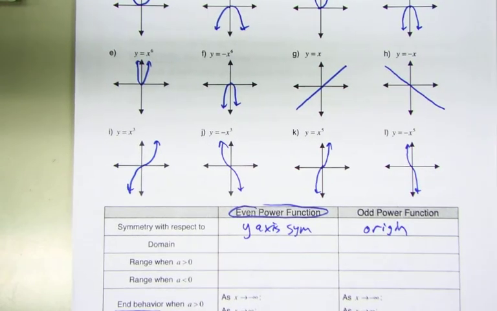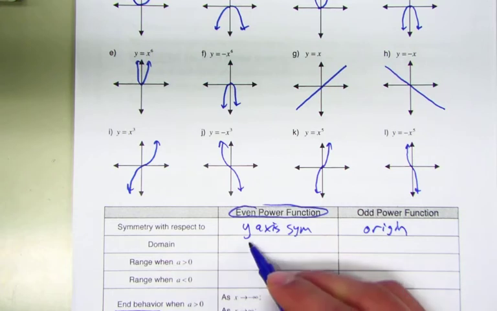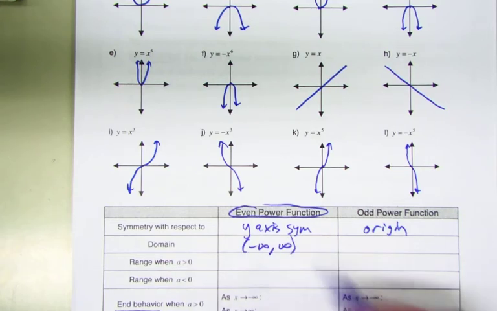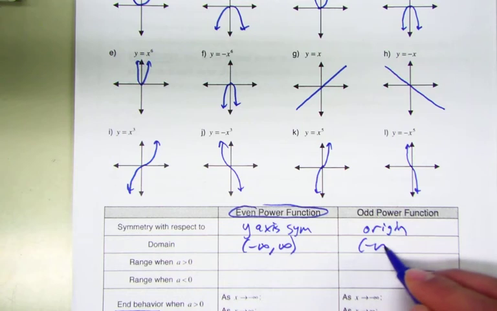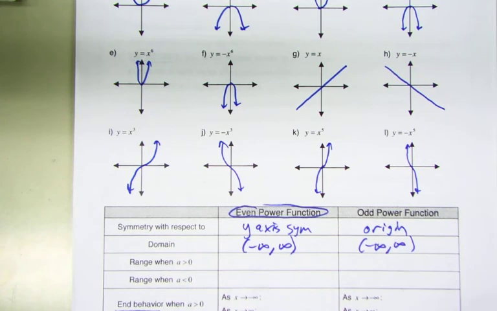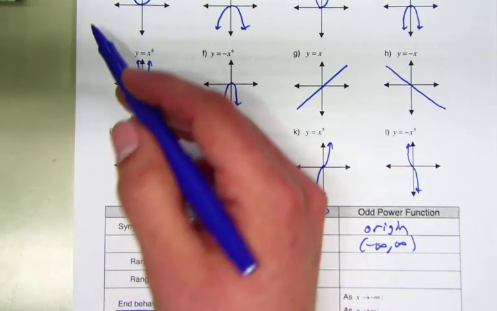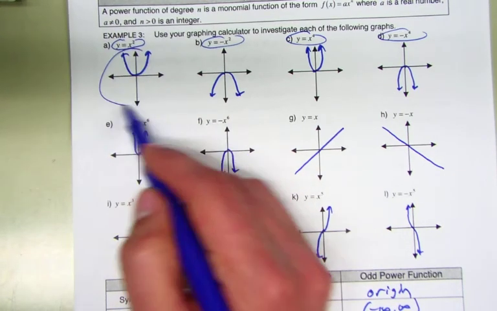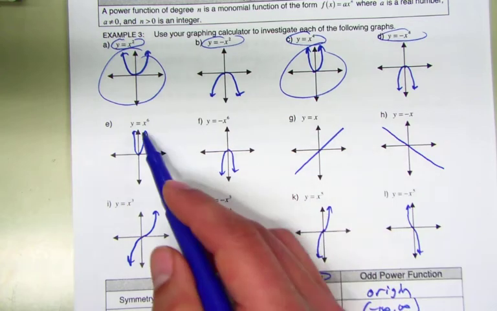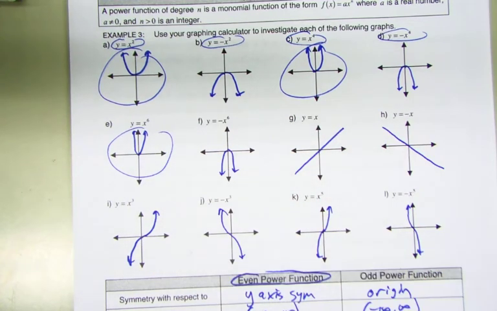What is the domain for all of these pictures? Good. And now range gets split up, and I think you'll see why. If a is positive, that's the leading coefficient, and we're looking at an even-powered graph like this one, what's the range going to be? 0 to infinity.